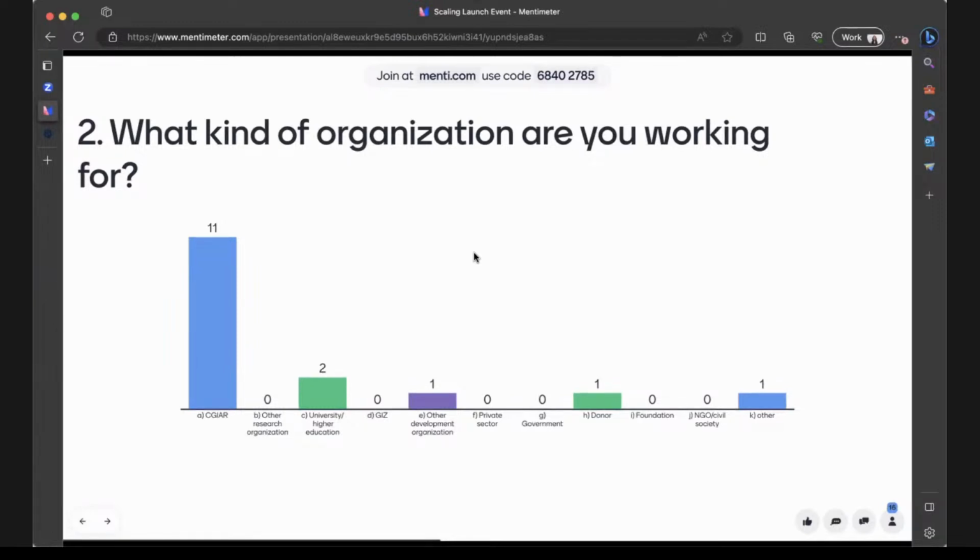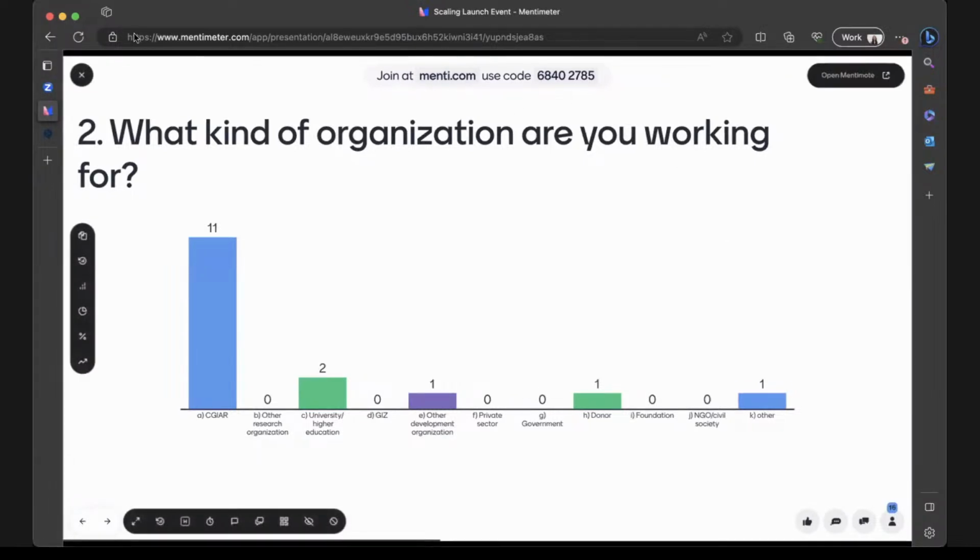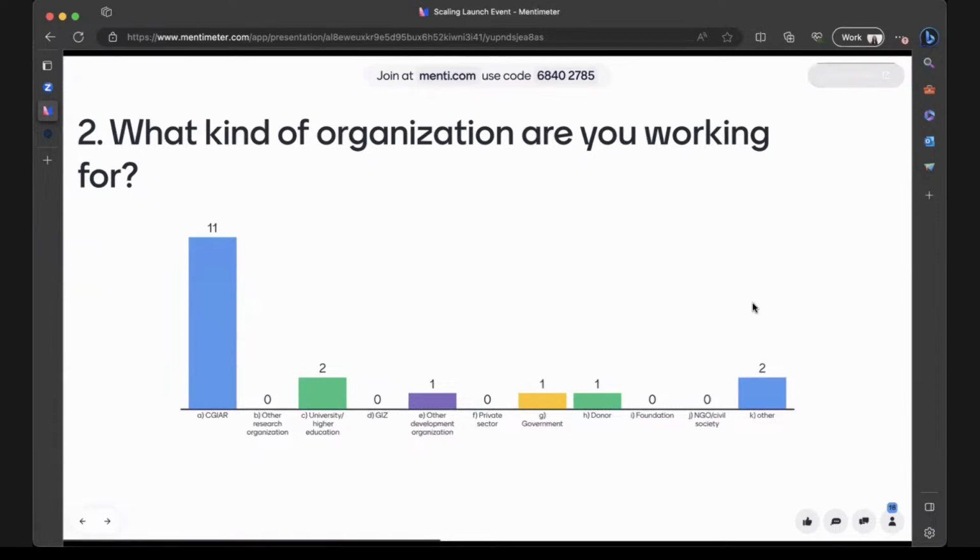University also. It's always good to have different types of groups so that we can exchange more. And as you know, scaling really requires from everyone. So it's good that we're having different profiles here. Happy to have you. Perfect. Government as well. 1 minute more, and then we change to the next question.